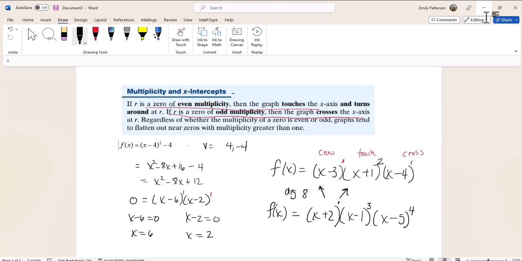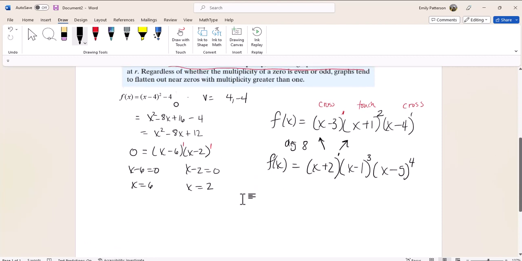But now let's look at our multiplicity. First of all, I want you to think about it and figure out the roots. Figure out the roots and then figure out what it should do at each of these roots. So again, the roots end up to be the opposite of this. So there's a root at -2.